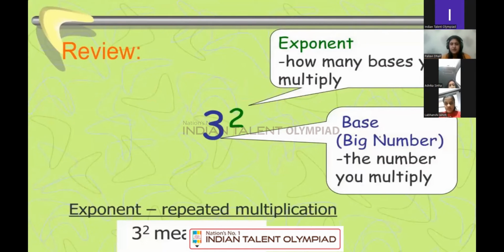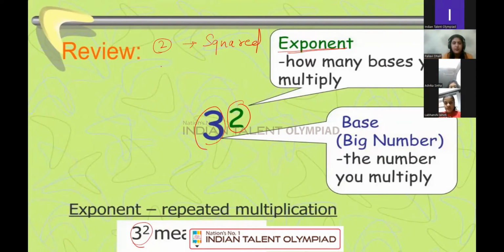The next we have here, the exponent that we have already learned, that is 2 here, and the 3 is the base. When the exponent or the power is 2, we say squared. What do we say?